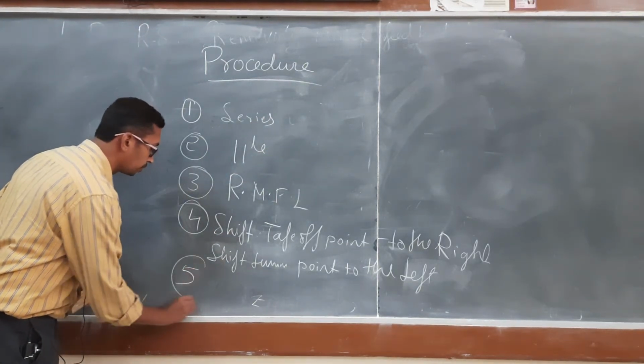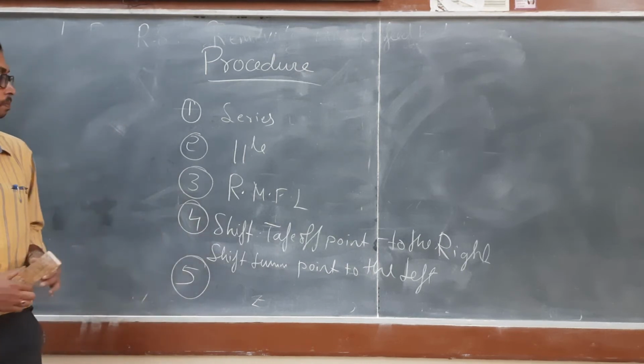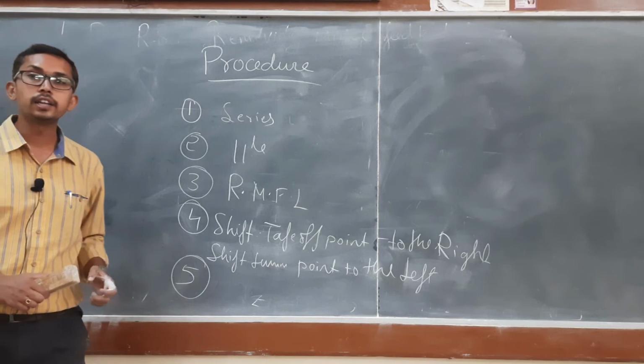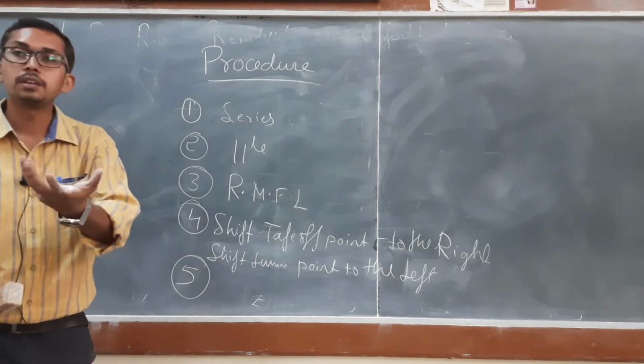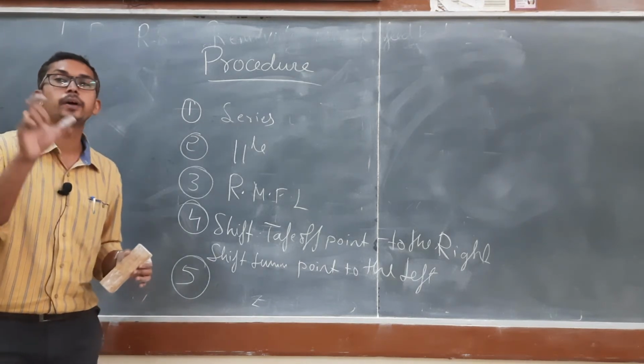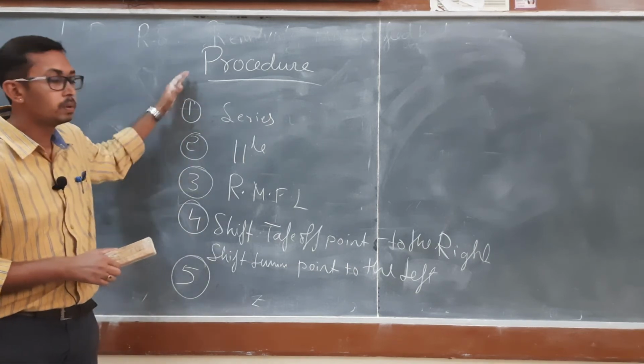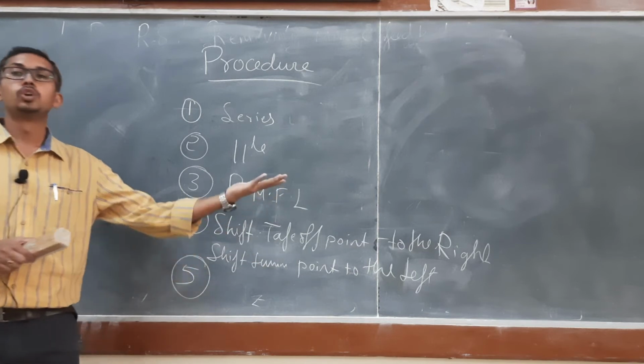Next, what is step number 5? We need to repeat the same steps from 1 to 4 until the minor feedback loop is applied. So we need to continue the same steps until the minor loop is applied.